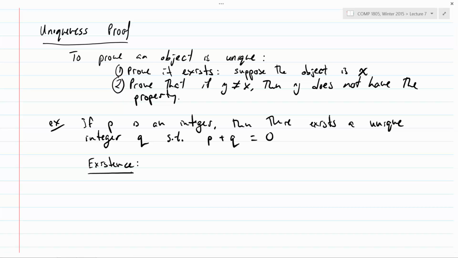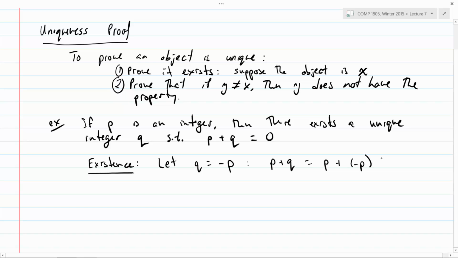All right, so to prove that it exists, let Q equal minus P. And then P plus Q is just P plus minus P, which is P minus P, which is 0. So for sure, if I let Q be equal to negative P, then it does the job. It fulfills the requirements of the equation. It really is equal to 0.